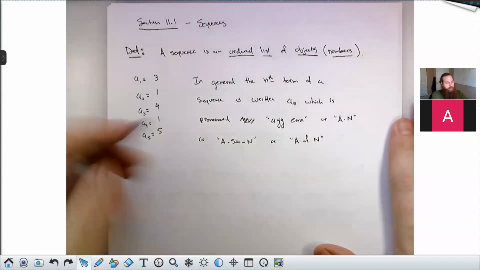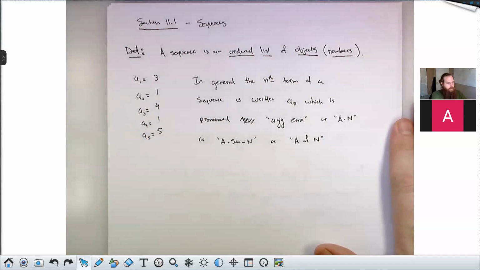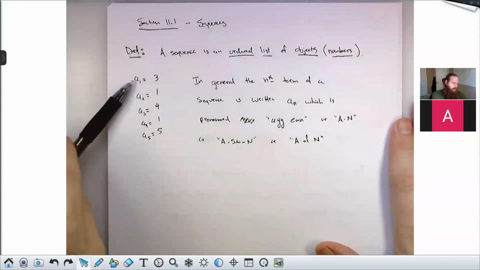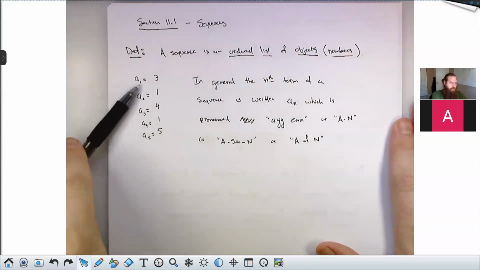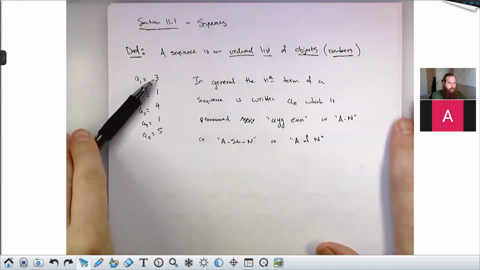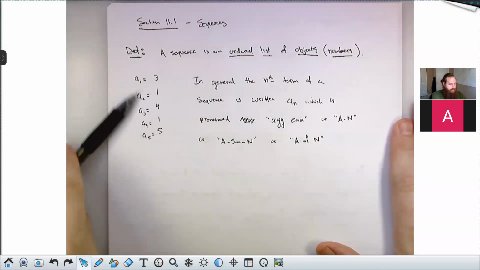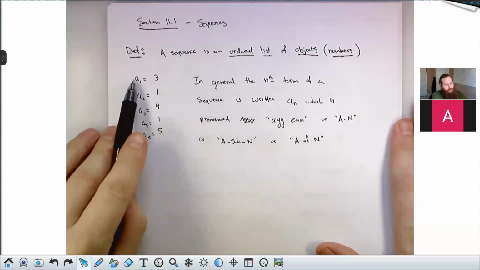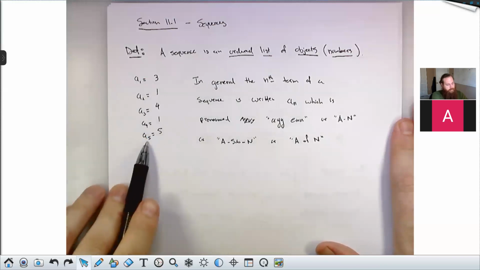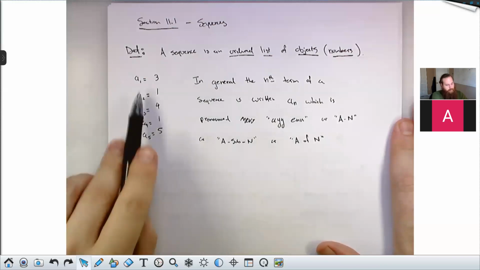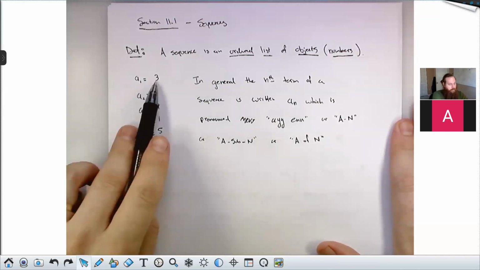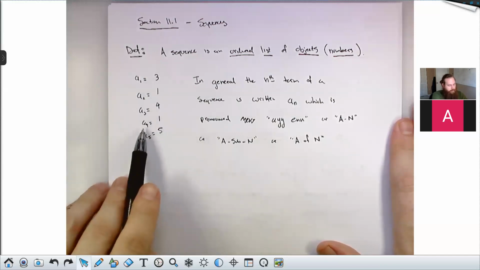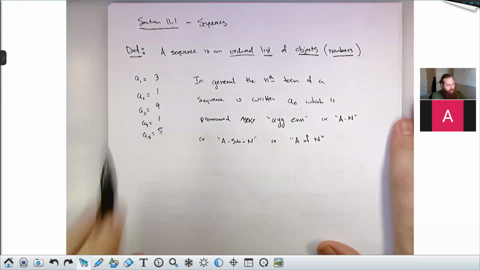Another way to define a sequence, if you think about what this does, is as a function. Over here, this says the first term of the sequence is 3, the second term is 1, the third term is 4, etc. I could think of this as a function that takes the indices, these numbers, and sends 1 to 3, sends 2 to 1, sends 3 to 4, sends 4 to 1, sends 5 to 5.